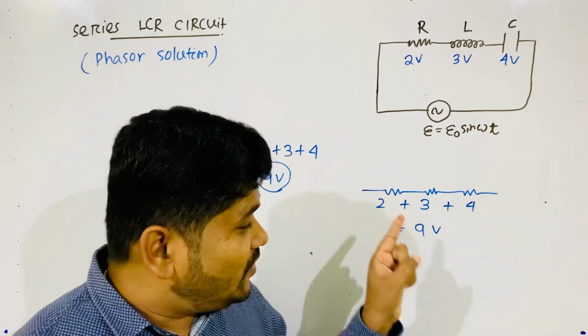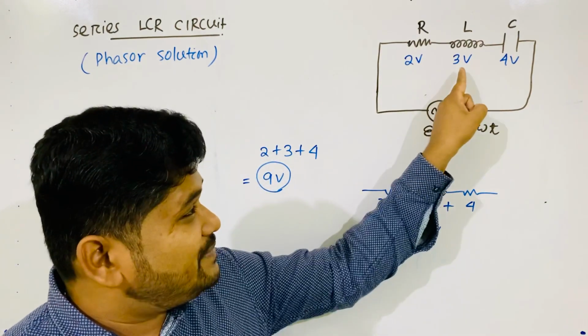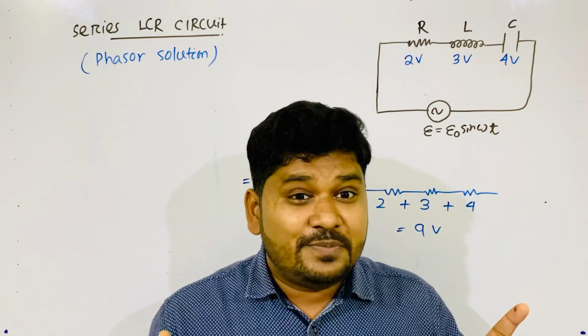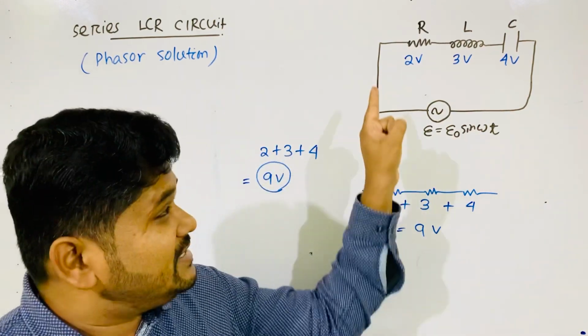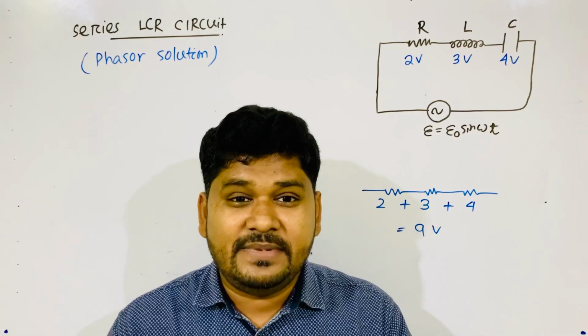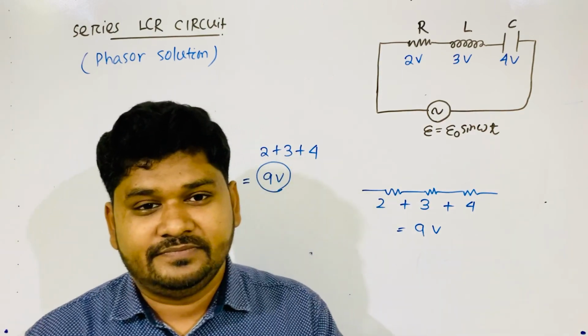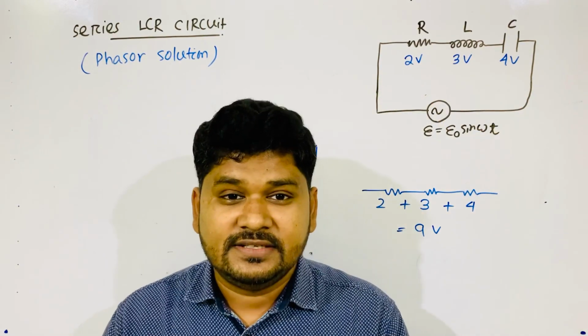Because here all are not resistors. This is a capacitor, this is an inductor, there are other circuit elements. The problem is that the voltages in all these 3 circuit elements are not in the same phase.